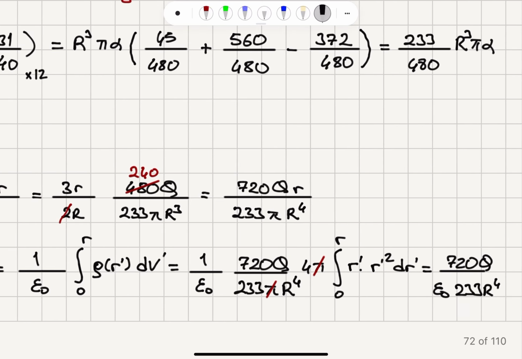And from the integration, the result is r prime to the fourth power over 4, but this is going to be evaluated at r, so we will have r to the fourth power. So this is going to be the charge enclosed divided by epsilon 0.